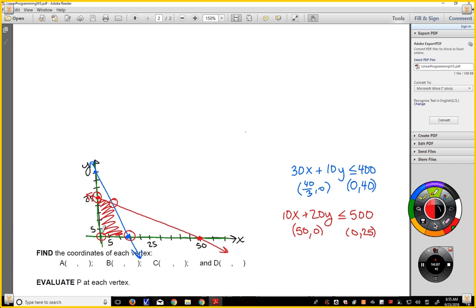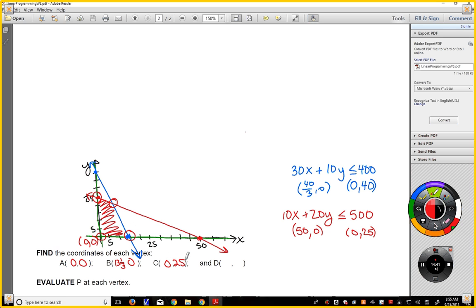I know 3 of those 4 points right now because I graphed by finding intercepts, which is extremely useful in this context because of the way the equations are given and because we need them for the graph. So I know this point at the origin is 0, 0, so that's one of my vertex points. This x-intercept right here was that 40 over 3 or 13 1/3. Okay. This y-intercept up here, okay, was from that red line, so that was 25 that it was crossing through.